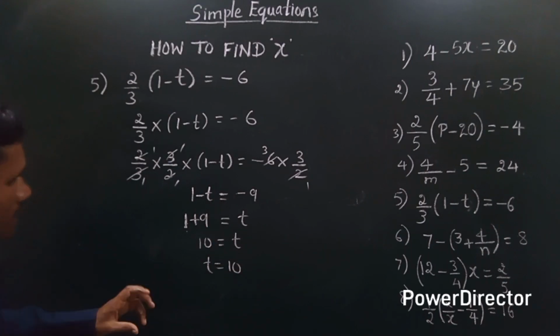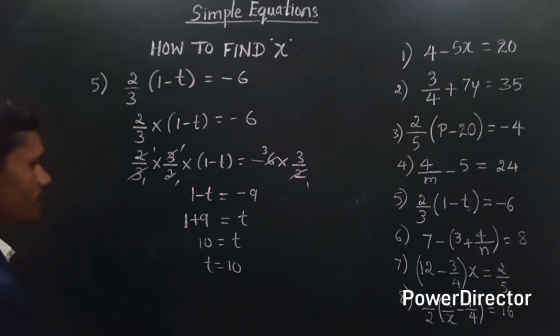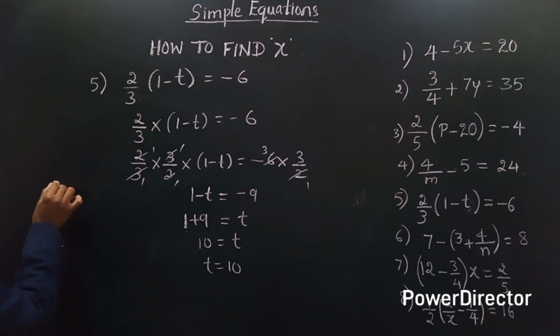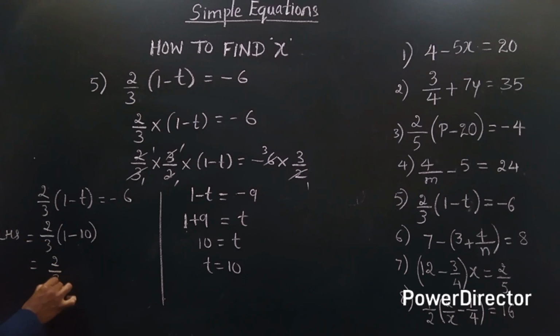Finished. Now let us substitute this t is equal to 10 in the given equation. Whether we are right or wrong, let us check it once, right? So for verification, we'll solve it here. That is 2/3 of 1 minus t is equal to minus 6. In this, if you substitute the value, 2/3 into 1 minus t, t is 10. Okay, this we are solving. Just the LHS we are taking. Okay, this is the LHS. 2/3 of 1 minus 10 means that is minus 9 we are getting, right?